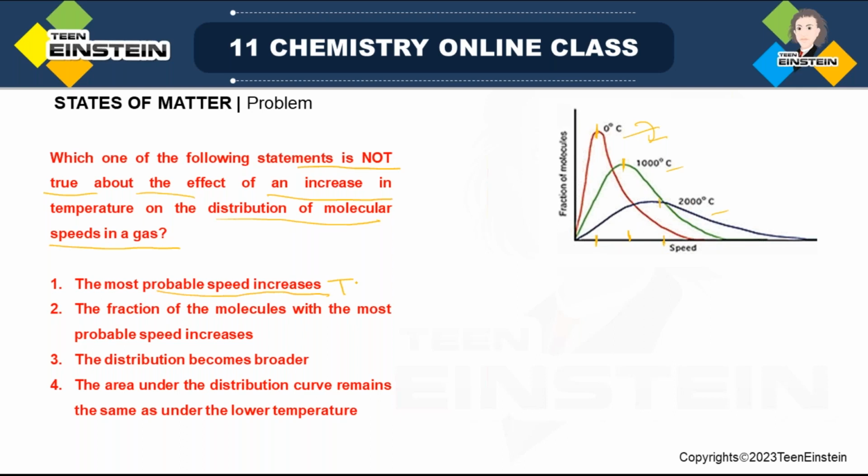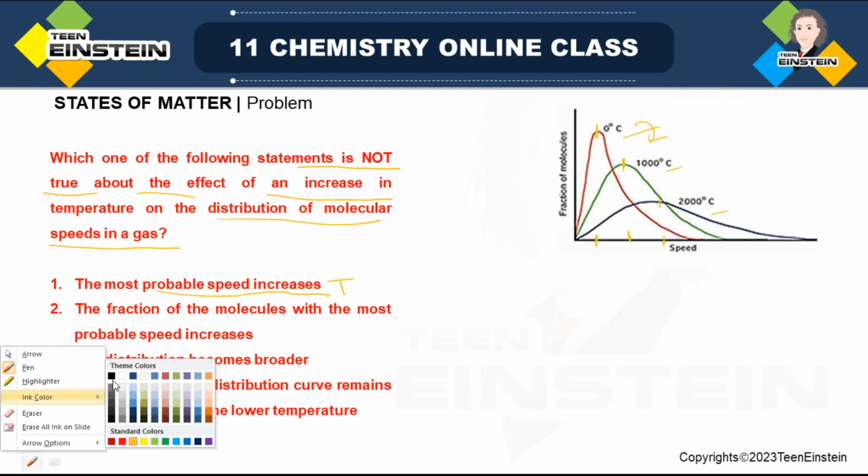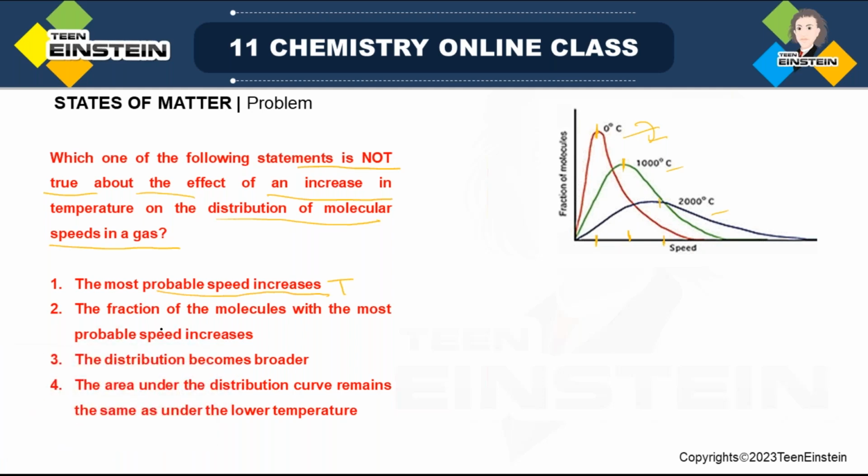Next statement is the fraction of molecules with most probable speed increases. Now you have to consider most probable speed, that means the fraction of molecules with most probable speed. So when the temperature is 0, this is the most probable speed, and this is the corresponding fraction of molecules. Suppose this point is x. This is the most probable velocity at 1000.